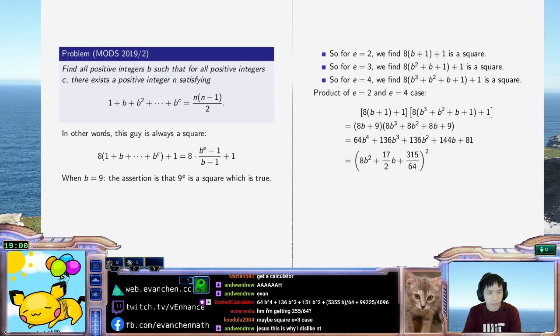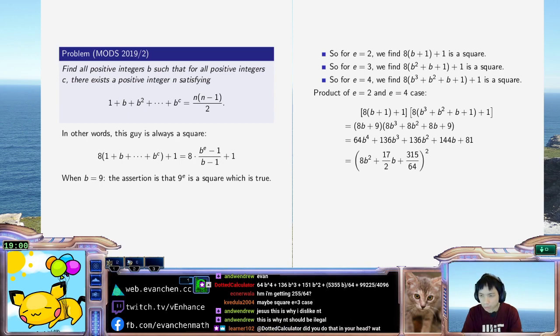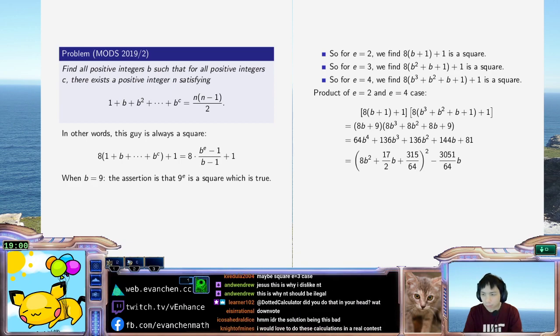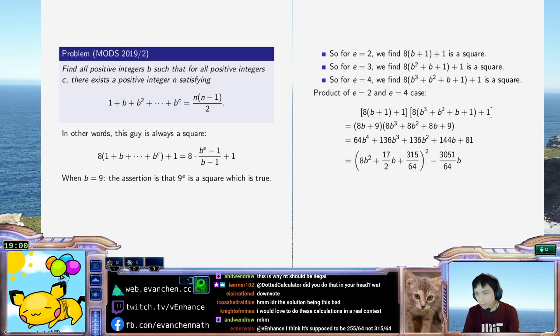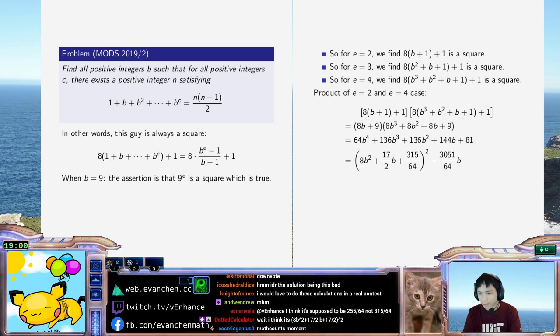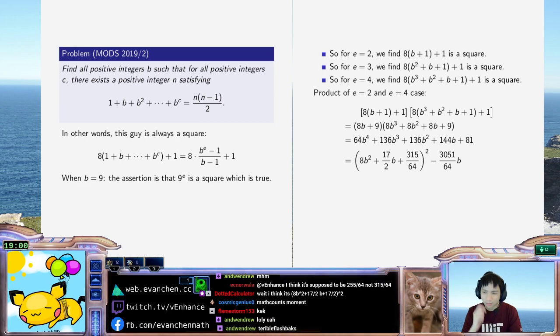So 3,051 over 64 times b. That's the leftover b coefficient. And then the... What is 81 minus... that's actually larger than I can do by hand. Oh, did I mess up? Yeah, I was like, the denominator shouldn't be this large.